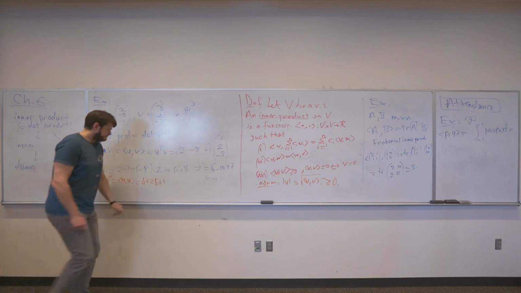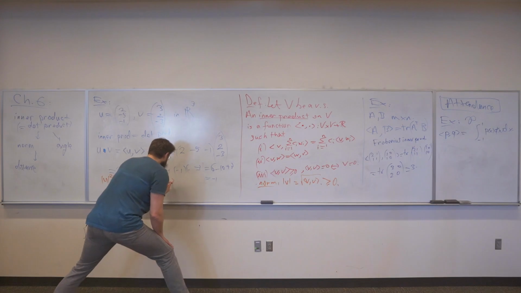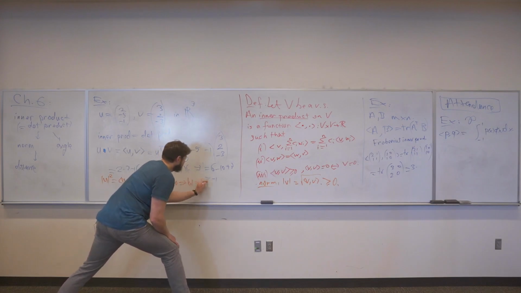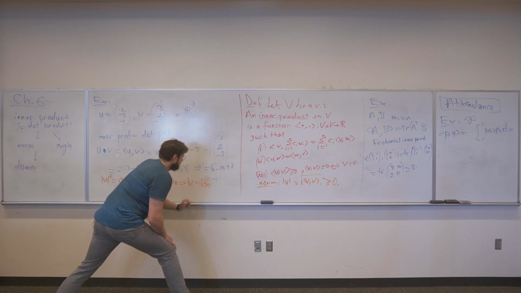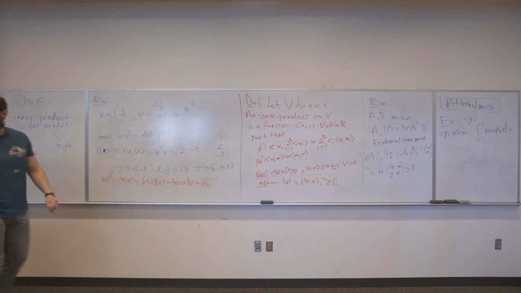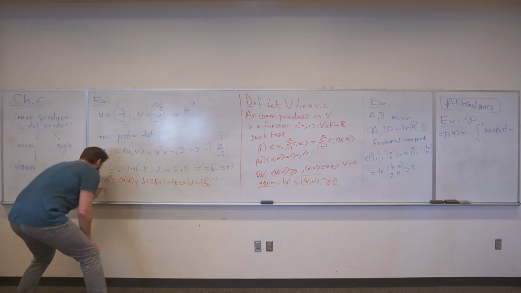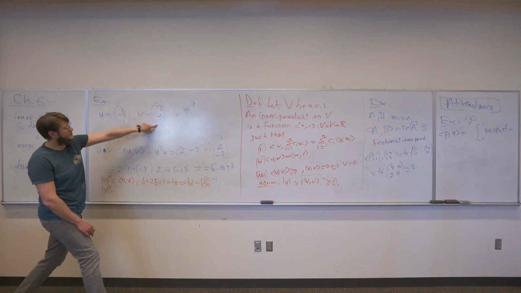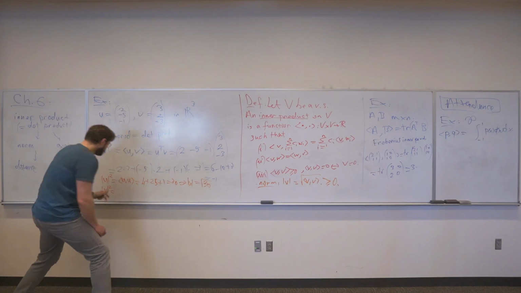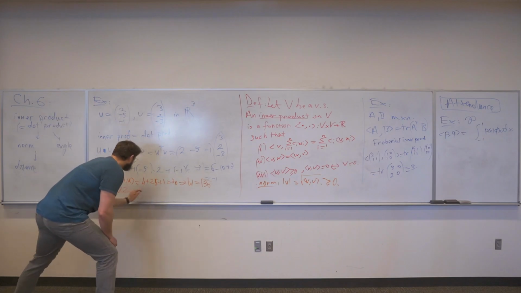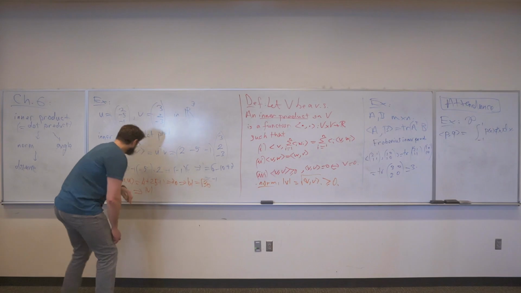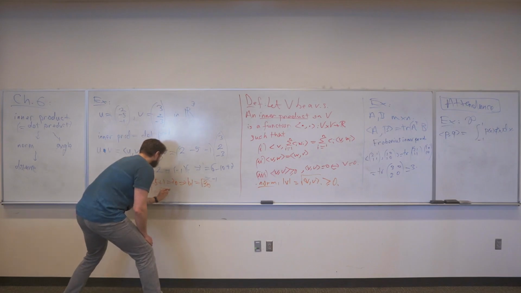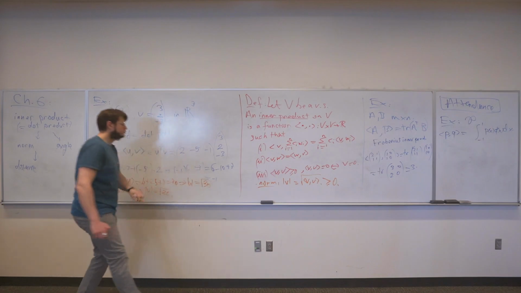That gives you 30, which means that the norm of u is root 30. Okay, so we computed it. Let's compute the norm of v also. 9 plus 4 plus 9, 18 plus 4 is 22. So the norm of v is root 22.